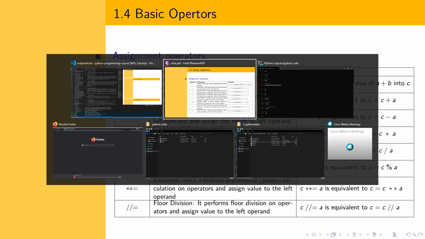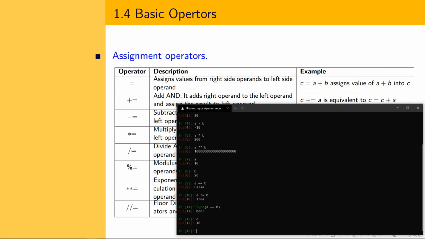For example, here we have the variable a equal to 10, and you create a new variable c equal to 1, and then if you want to assign c to another value, like say a plus c here, you see c equal to 11. But Python provides you a shorter way to write this command.